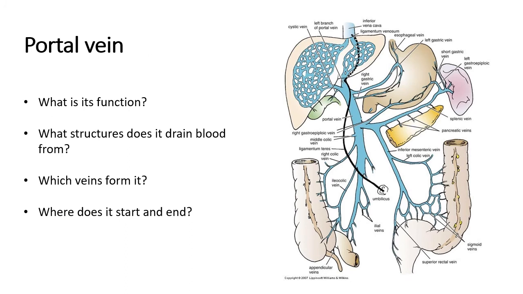The last part of this lecture is to talk about the portal vein. I already mentioned in the previous slides how it is formed, but the portal vein is a system, the portal system of veins. It's a system that drains the nutrient-rich blood from the gastrointestinal tract to the liver.